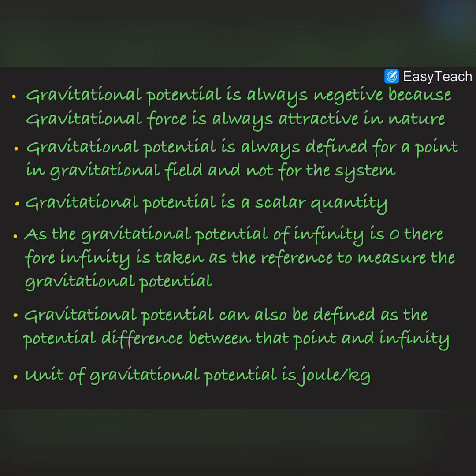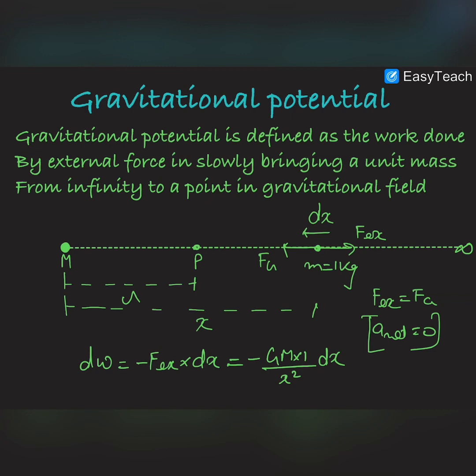Now the gravitational potential can also be defined as the potential difference between that point and infinity. Some people say that gravitational potential is an absolute quantity. This is a little bit wrong to say, because when we are referring to the potential of this point P, we are also using the reference of infinity.